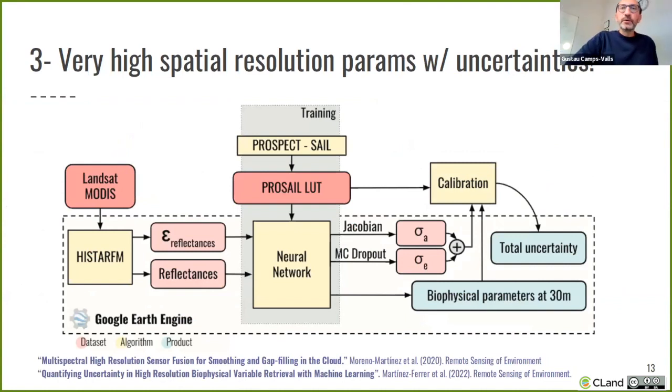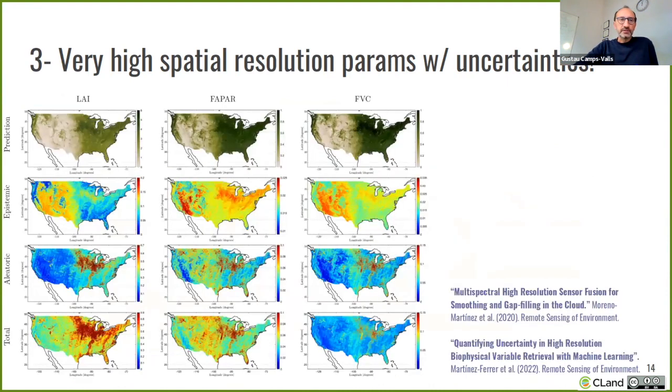Yes, I can say a few words. Essentially, at least in statistics and in machine learning, we distinguish two sorts of uncertainty: the epistemic uncertainty and the aleatoric uncertainty. The aleatoric uncertainty is related to the data uncertainty, while the epistemic is related to the model uncertainty. So essentially, you have some stochastic process that you observe, let's say the observational data, and you also have some uncertainty on the parameters of the model that you're using.